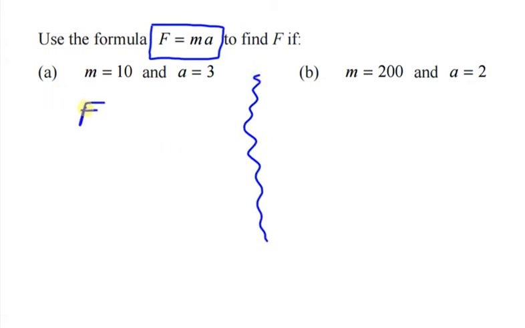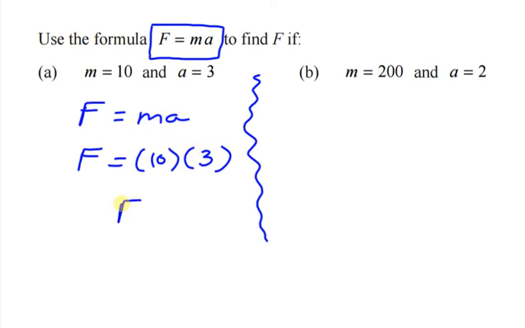So we have F equals m times A. So F equals, instead of m, I'm going to put 10. And instead of A, I'm going to put 3. So F equals, what's 10 times 3? 30. And that's it.